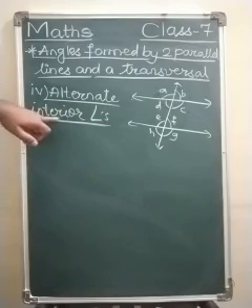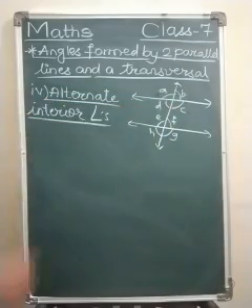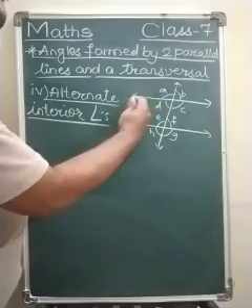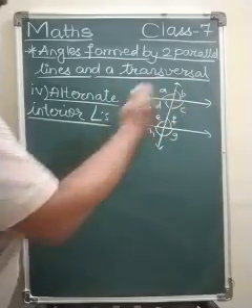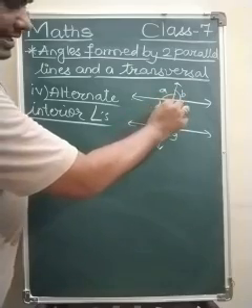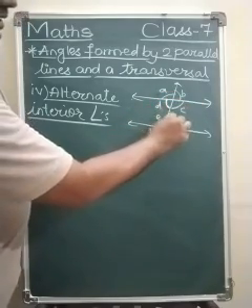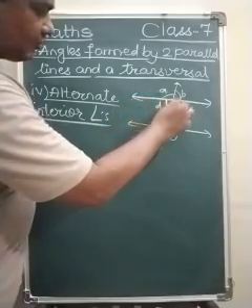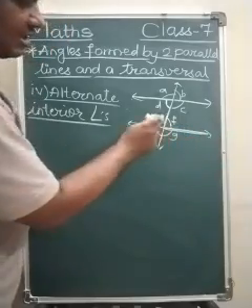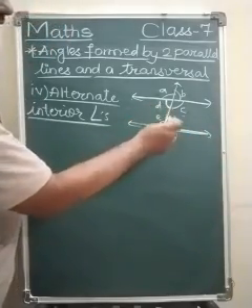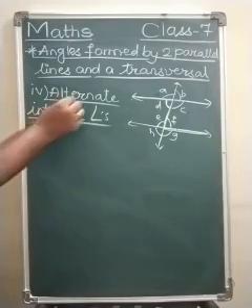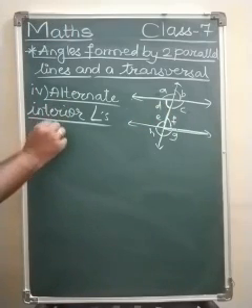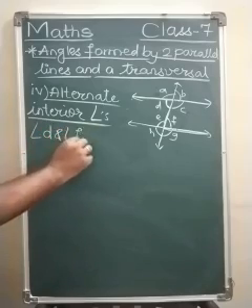Angles are interior, that means B, C, E, F, but they are alternate. Alternate means one angle is on the left hand side, another angle is on the right hand side. So here you can see D and F. Here you can see a Z-like structure. So the angles of Z, D and F, these are alternate interior angles.